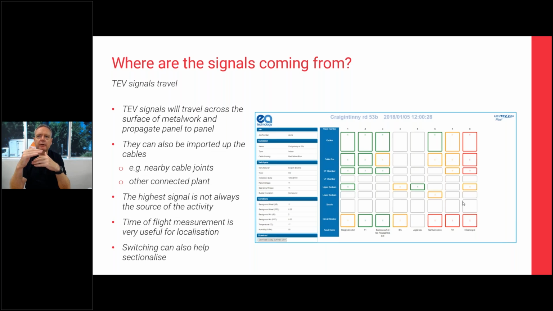So you can see we've got three panels where we've got high levels of activity, and it's going across multiple components from the circuit breaker, TT chamber, cable box, and cables. We're finding high levels. So what we use time of flight for is to determine where the source of activity is, and is there one or more discharge sources on the board.